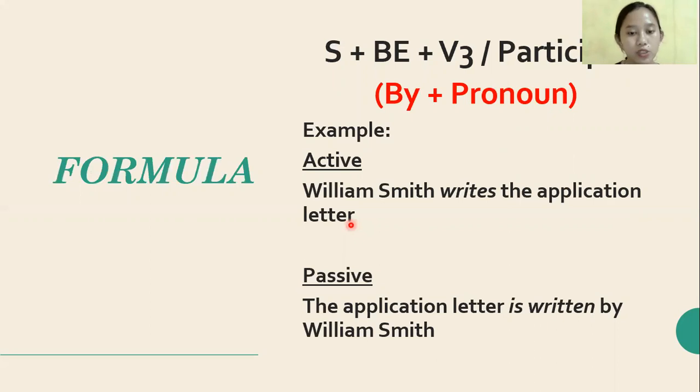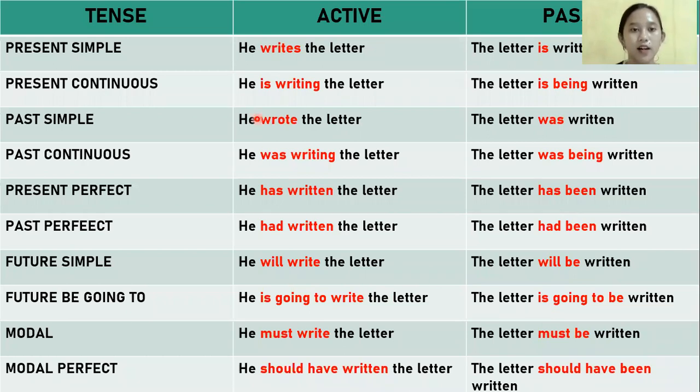But when it turns into passive voice, the object will be the subject. The application letter is written, and by William Smith is optional. So the doer is put at the back of the sentence. You can use just the application letter is written. This is how the tense is changed from active to passive.